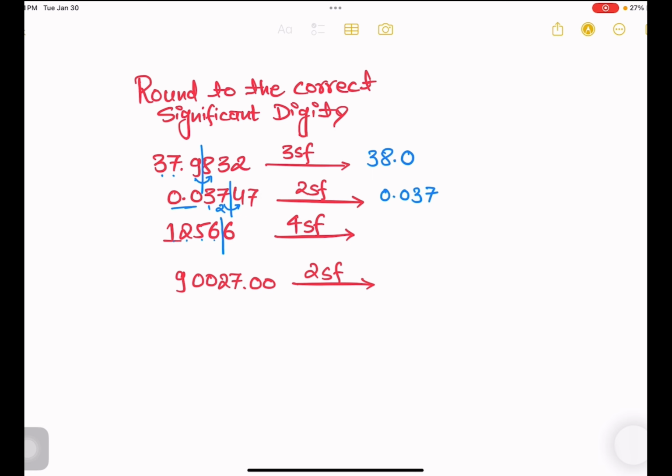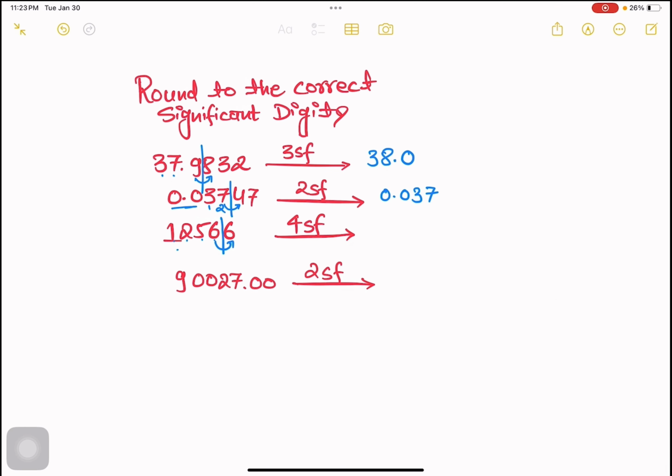I can draw a line there. So the next digit is 6, which is greater than 5. So here I will have 1, 2, 5, 7, 0. Okay, so you cannot leave it as 1, 2, 5, 7, because it needs to have the same scaling as the original number.